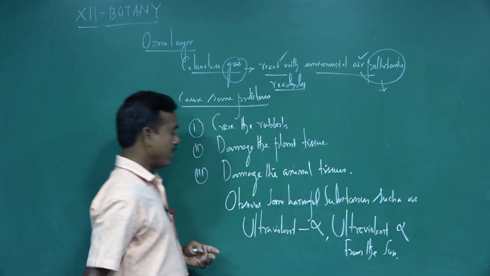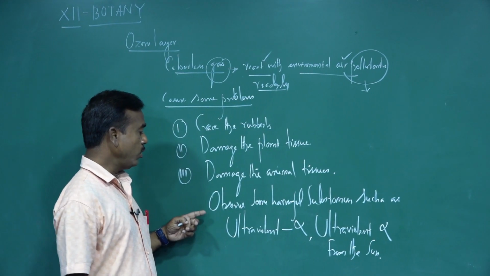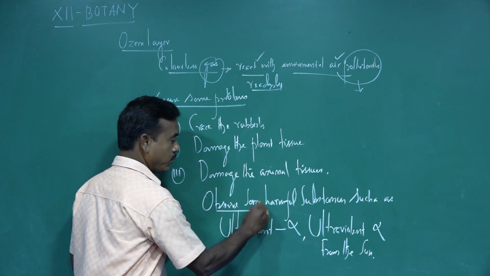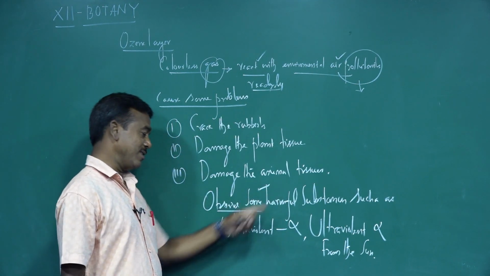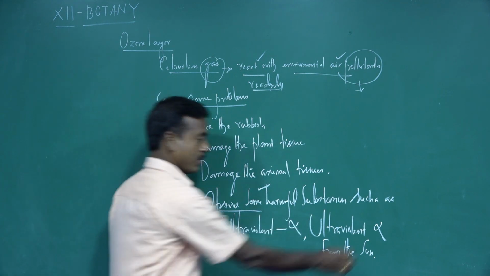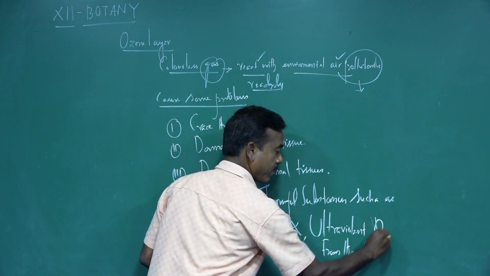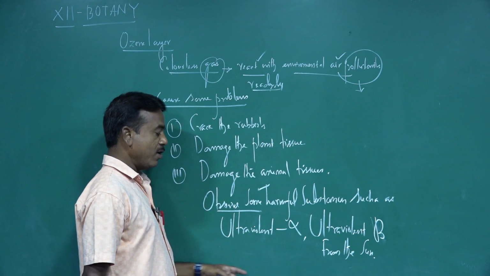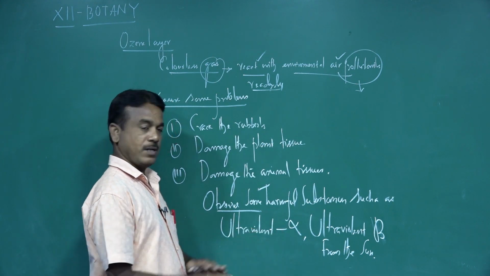So the ozone layer absorbs harmful substances such as UV alpha and UV beta from the sun.